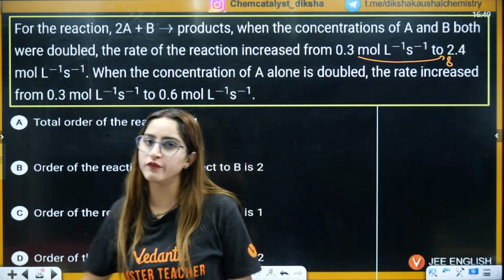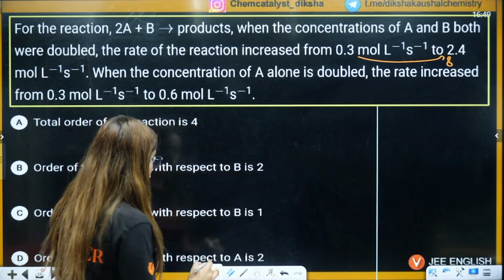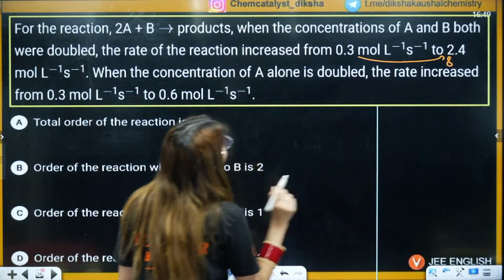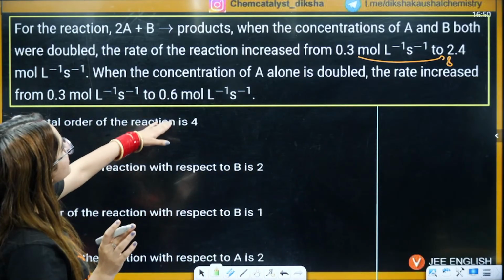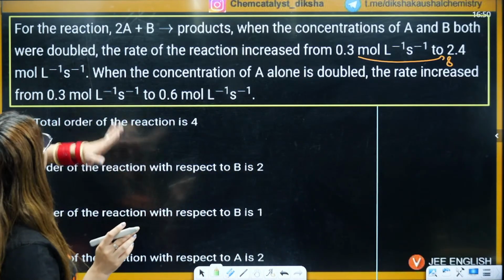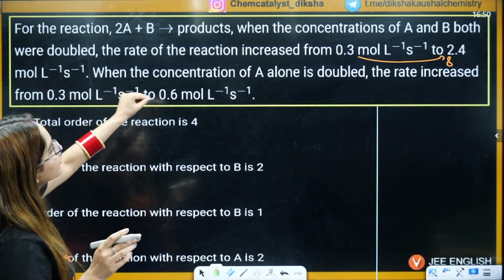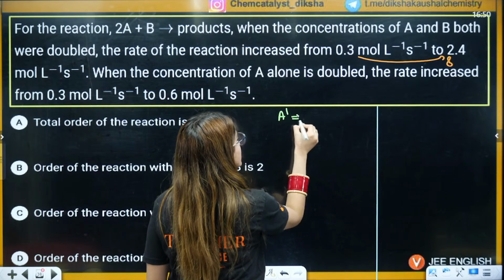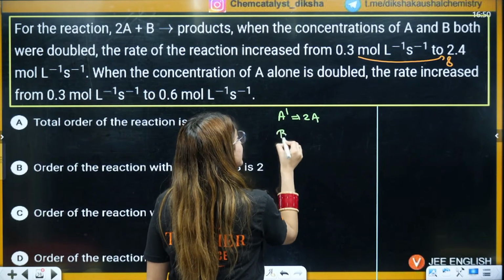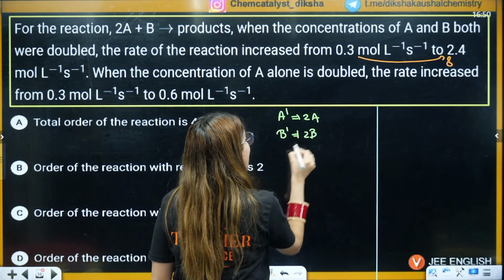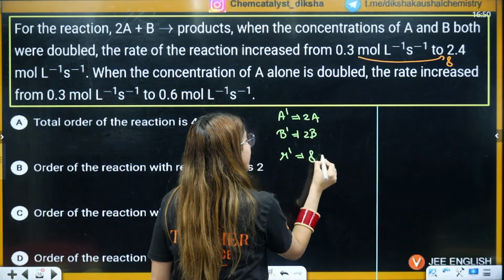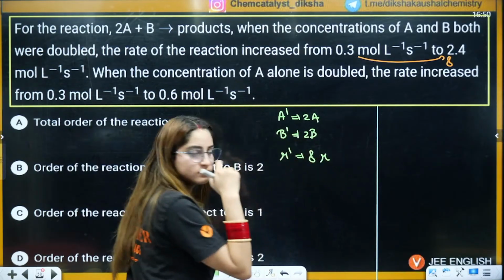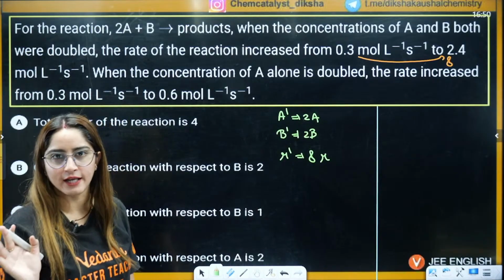Firstly, we will solve it with respect to A, with respect to B. We will keep one of the concentrations constant. They are saying when the concentration of A and B both were doubled, the rate of the reaction increased. That means A dash is equals to 2A, B dash is equals to 2B. In that case, R dash is equals to 8R. The rate is increasing by 8 times.